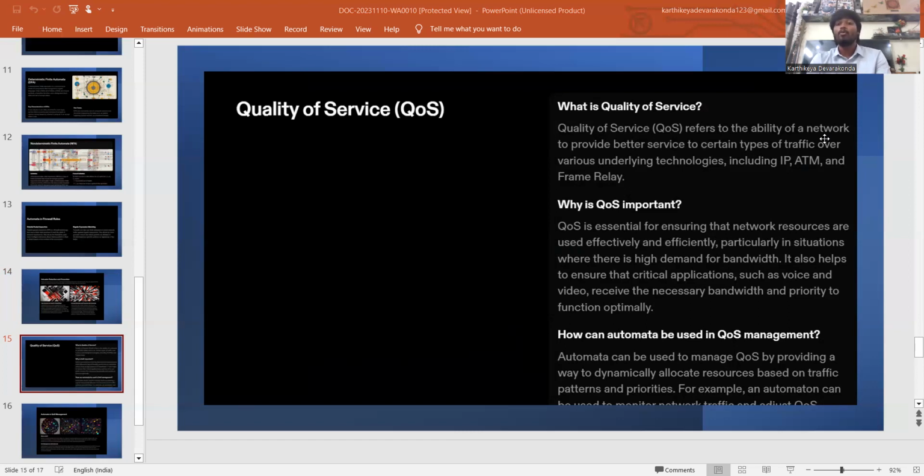Now we'll discuss how automata can be used in quality of service management. Automata can be used to manage quality of service by providing a way to dynamically allocate resources based on traffic patterns and priorities. For example, an automaton can be used to monitor network traffic and adjust quality of service. Now we'll move to the next page.